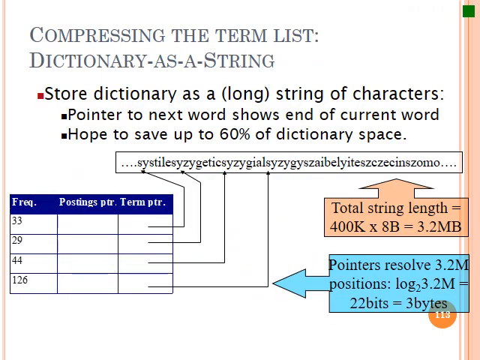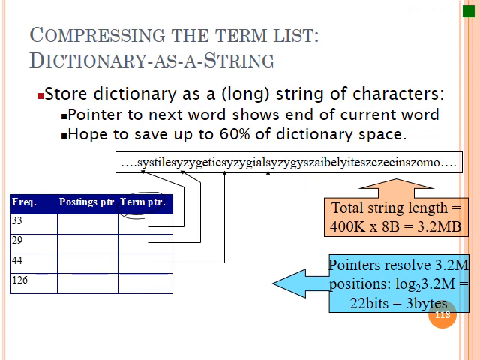One key idea here is that instead of storing each word individually in a fixed number of bytes, we can store our dictionary as a long string of characters, all concatenated together, one after another. Then we do not store the term itself, but rather a pointer to the term in this long string of characters.